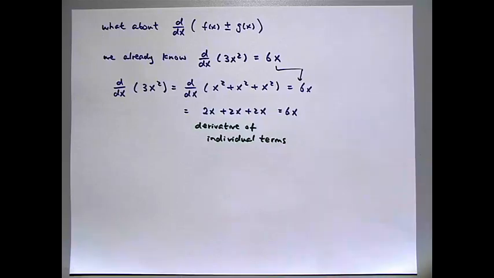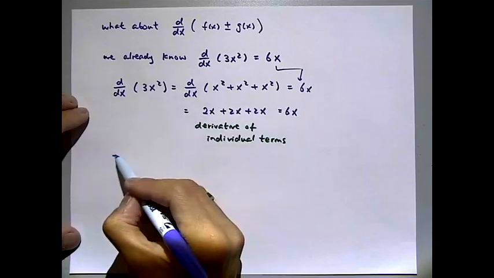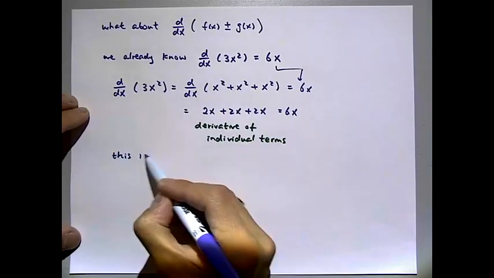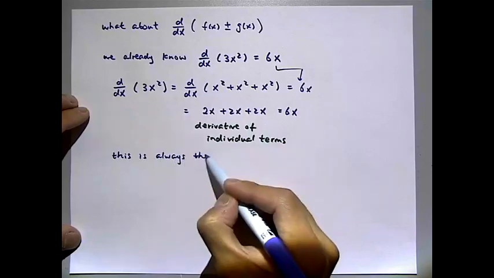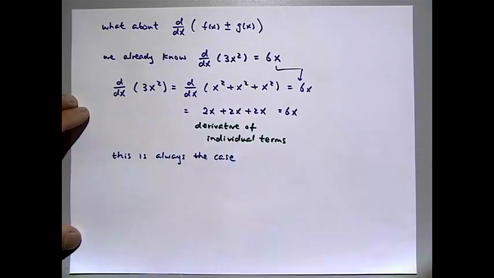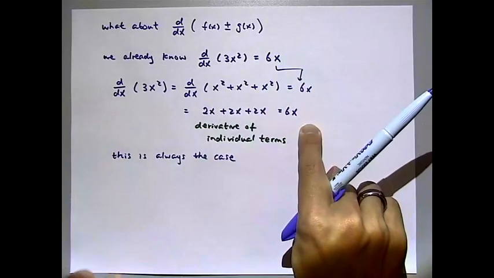And you can see that using other examples, it always turns out to be the case. Come up with, for example, 5 times x to the third power. You also see that this does turn out to be true.